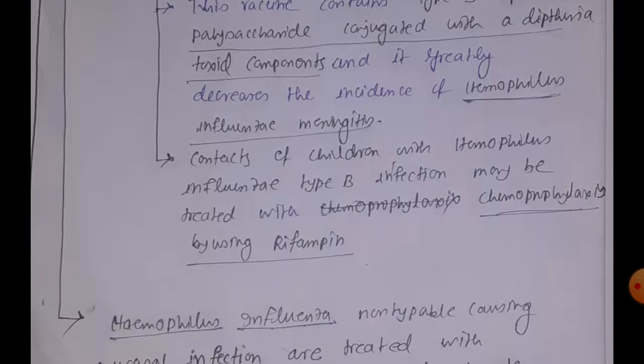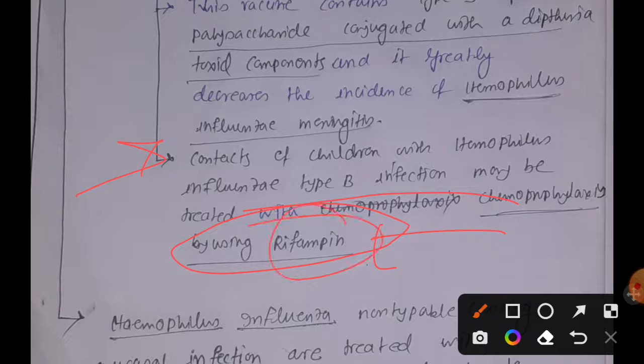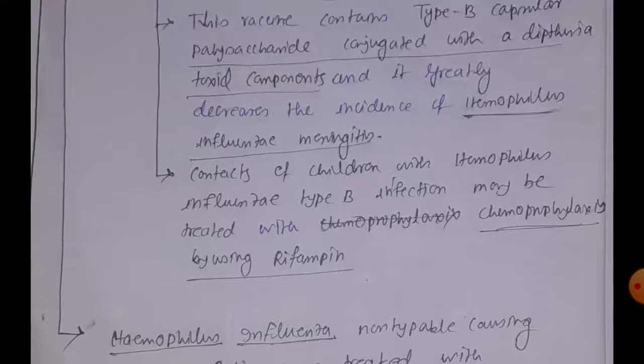Nowadays you can only see Haemophilus influenzae type B meningitis in unimmunized children. Another important treatment for type B infection is chemoprophylaxis using rifampin. I have also discussed rifampin, which is an RNA polymerase inhibitor. I again recommend you watch the video I uploaded on DNA and RNA synthesis inhibitors, where I mentioned rifampin.